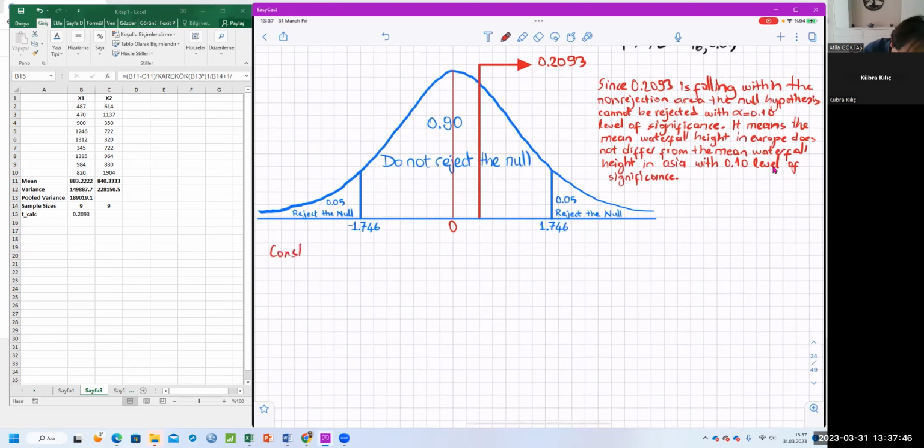Construct the confidence interval for the two population mean difference. Construct the confidence interval for mu1 minus mu2 with 90% confidence level.